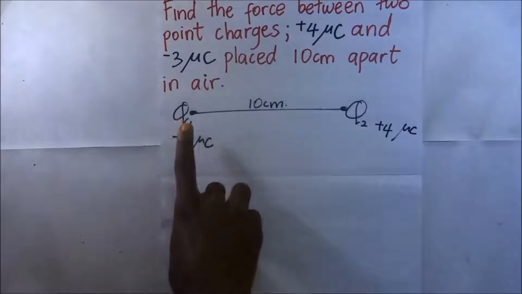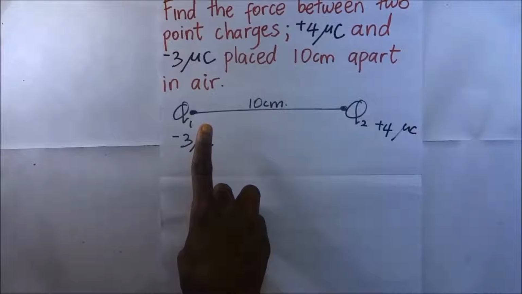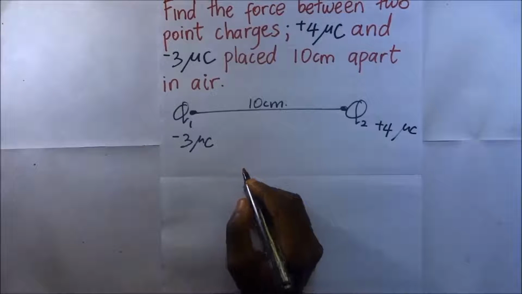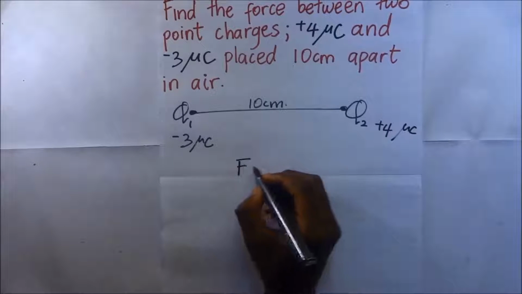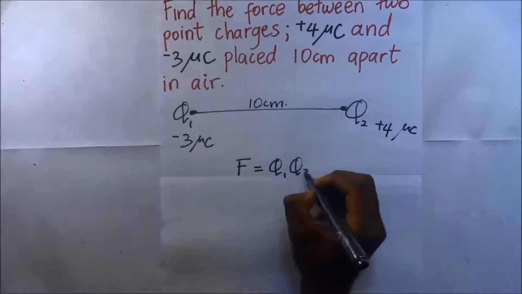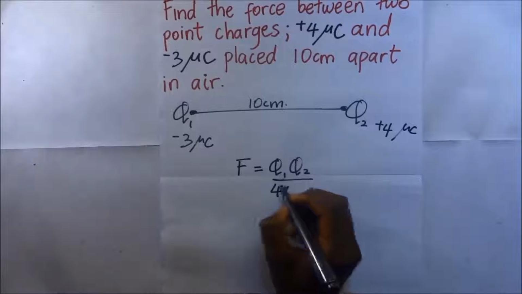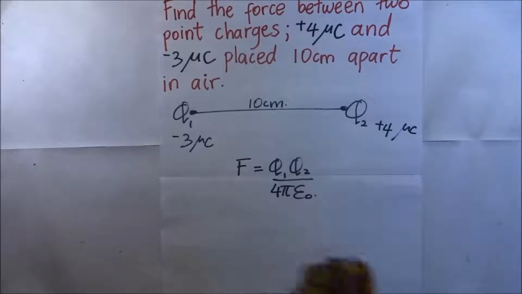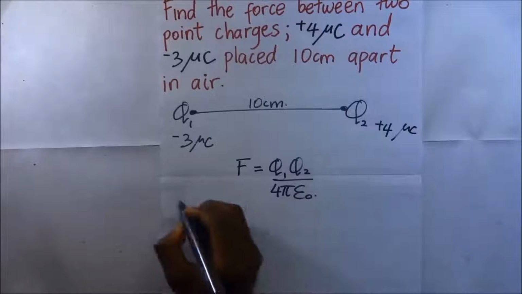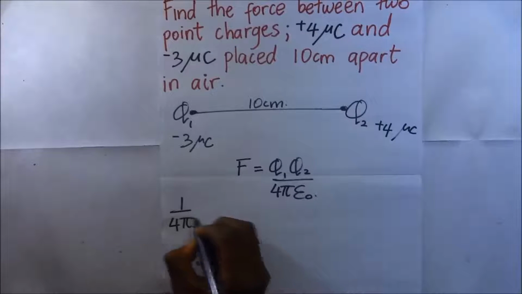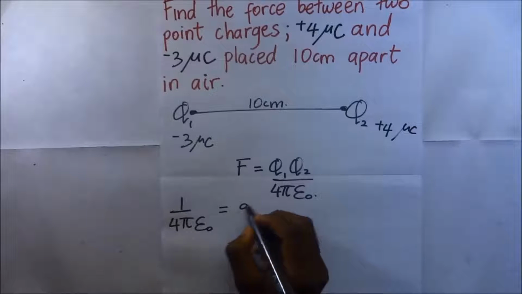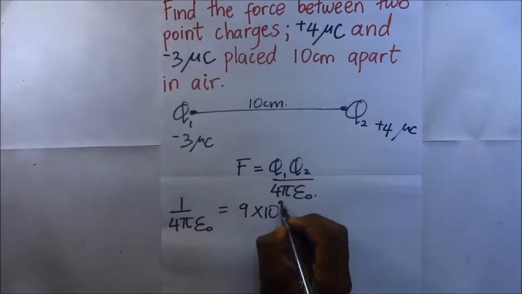So what is the force due to Q1? We know from our previous video that the formula F is going to be equal to Q1 Q2 over 4 pi epsilon naught. Epsilon naught is the permittivity of air, but we know that 1 over 4 pi epsilon naught from experimental observations is equivalent to 9 times 10 to the power 9.